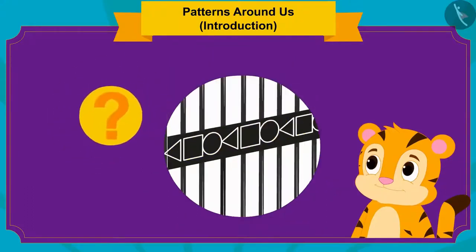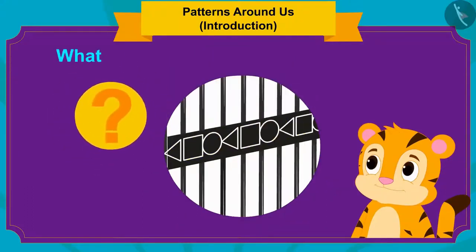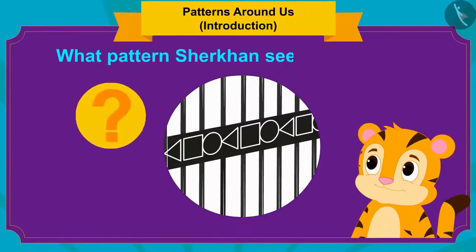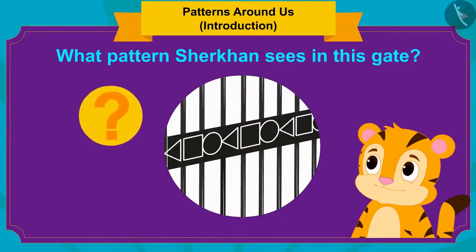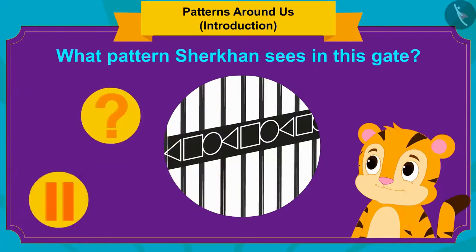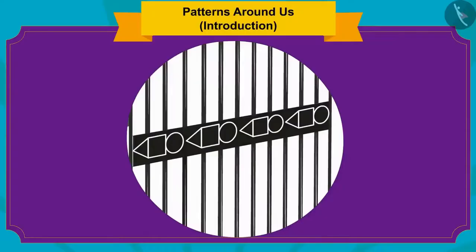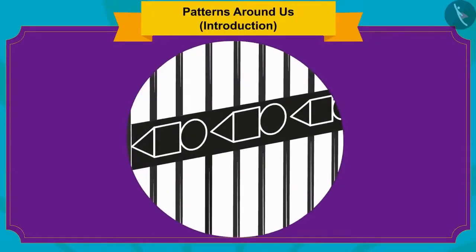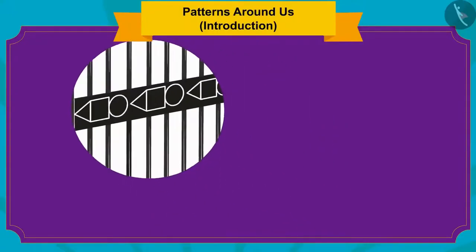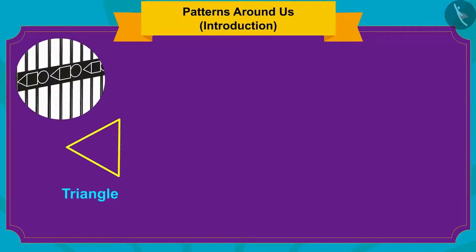Children, can you tell what pattern Sher Khan sees in this gate? You can stop the video and think about it for a while. If we look at the gate carefully, we will find that here a triangle is formed first.